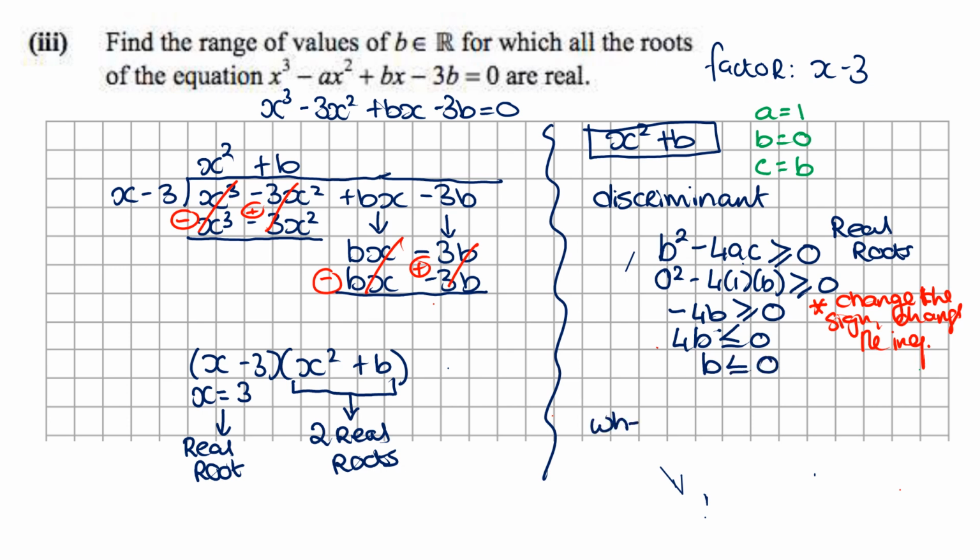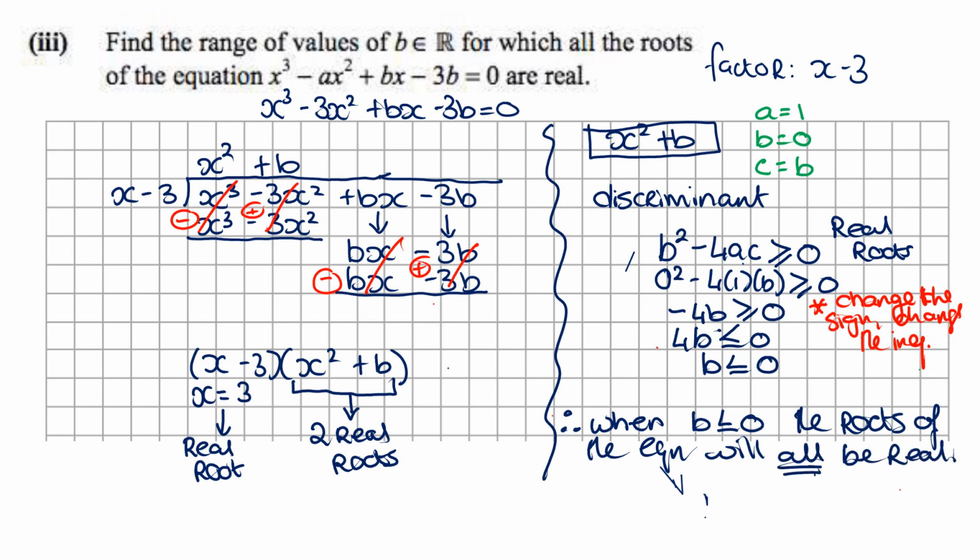Therefore, when b is less than or equal to 0, the roots of the equation will all be real. And that's important, they'll all be real. So that's the idea of using the discriminant.